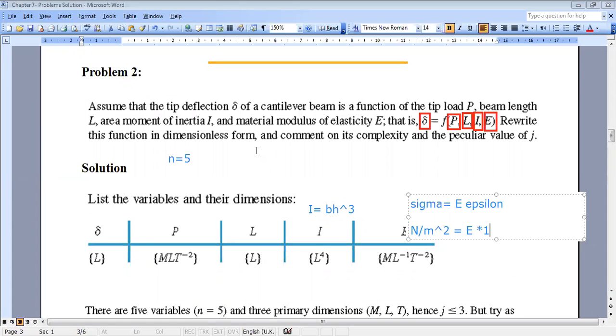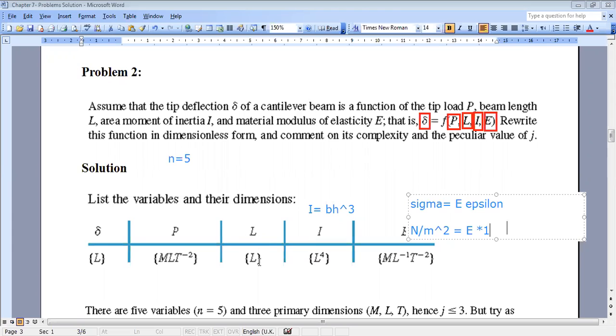The second step is to put the dimensions of each variable. So as you can see here, step 2, you put your variables in a table and you put the dimension for each variable. To start with, delta is length, so the dimension is L. P is a force, the dimension is MLT minus 2.